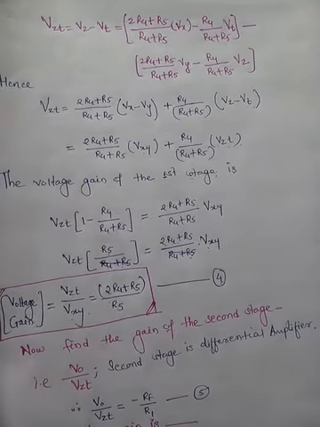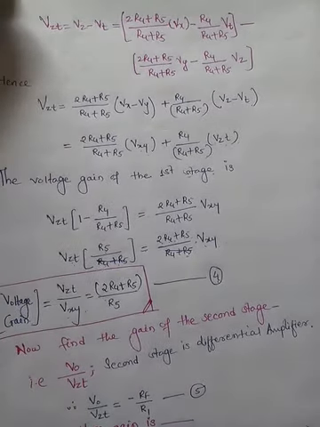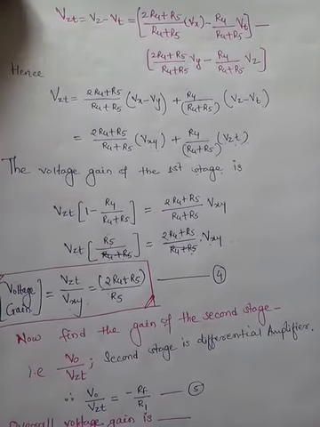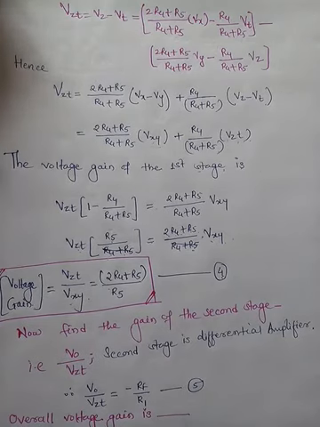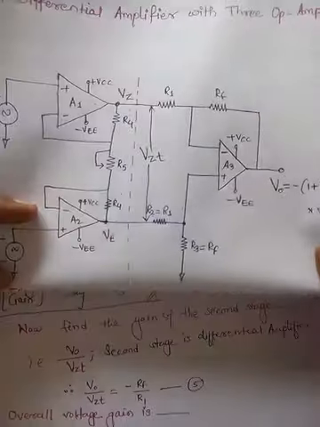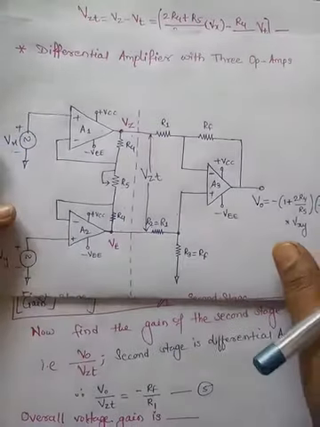Now we have to find out the gain of the second stage. As we got the gain of the first stage, now write the equation for gain of the second stage. So for the second stage, now we'll again look at the main circuit diagram of differential amplifier with 2 op amps, and for this we can write as it is.